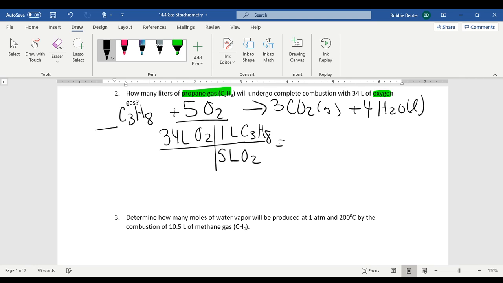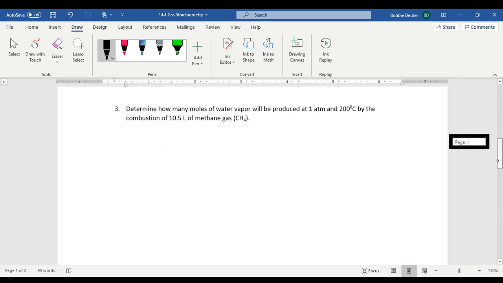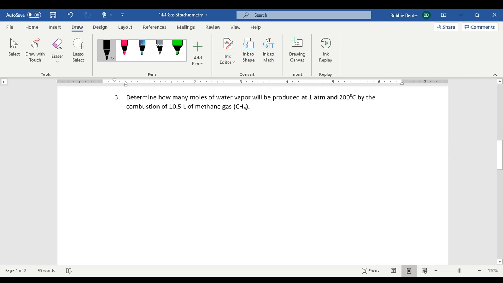So then we would just solve to get 6.8 liters of propane. Again, remembering to interpret this as 1 liter, 5 liters, 3 liters, and 4 liters because they're completely proportional according to Avogadro's principle. That's under standard temperature and pressure, but what if things start changing?